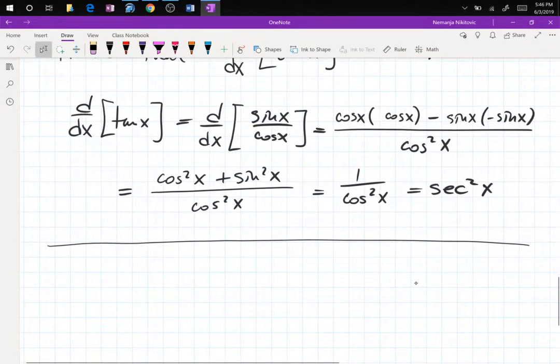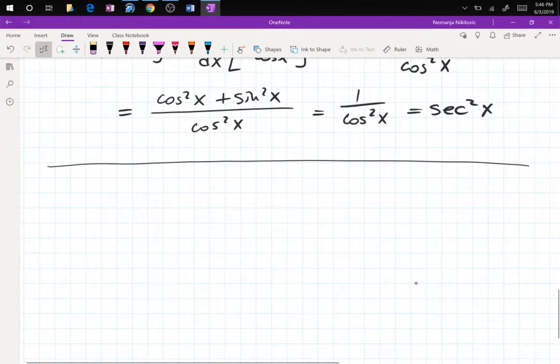We can find the tangent line. Yeah, you love tangent lines. Great, let's do it. How about a tangent line to secant x at pi over 4, because you went so well before?